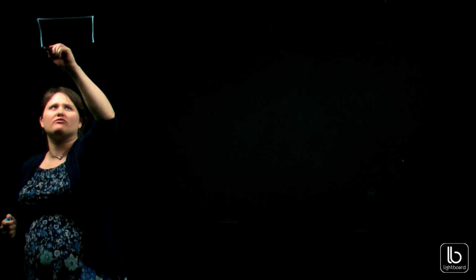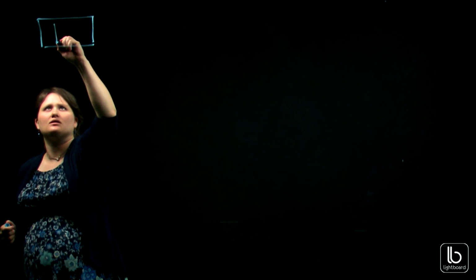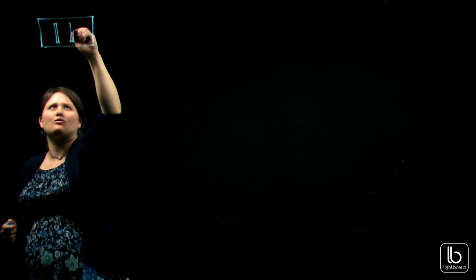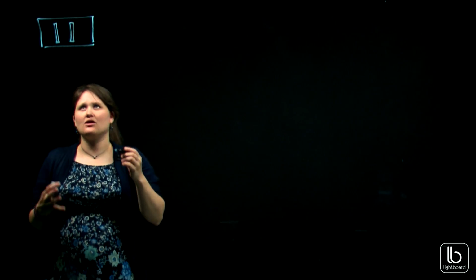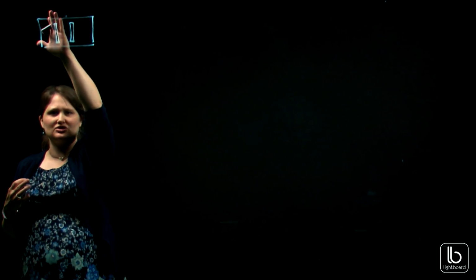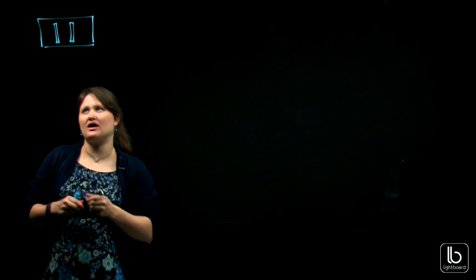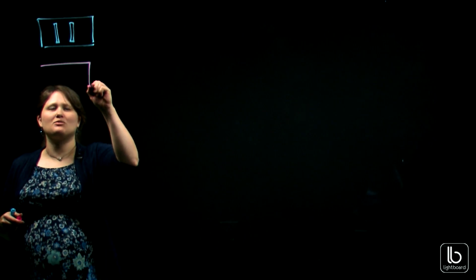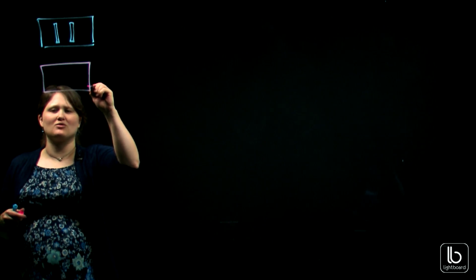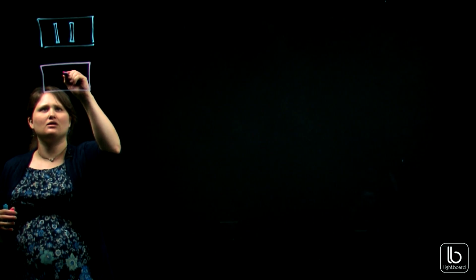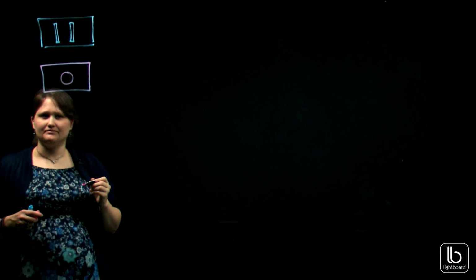Now, something that I hadn't mentioned so far is the shape of the slit. What we've been looking at is this long rectangular slit, for my double slit, or for my single slit, just one of them. But what if the shape of my aperture, which is what I'm calling whatever I'm shining the light through, is a circle?